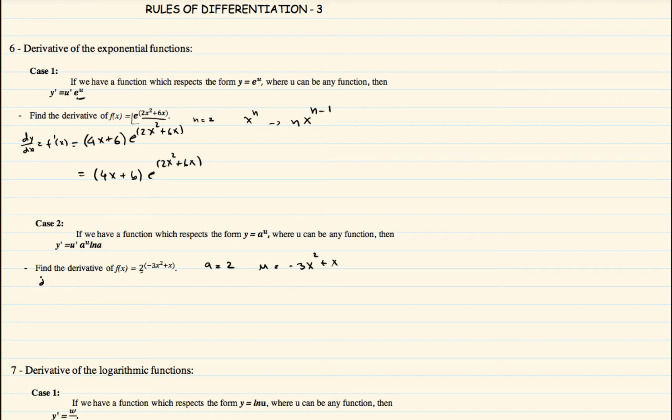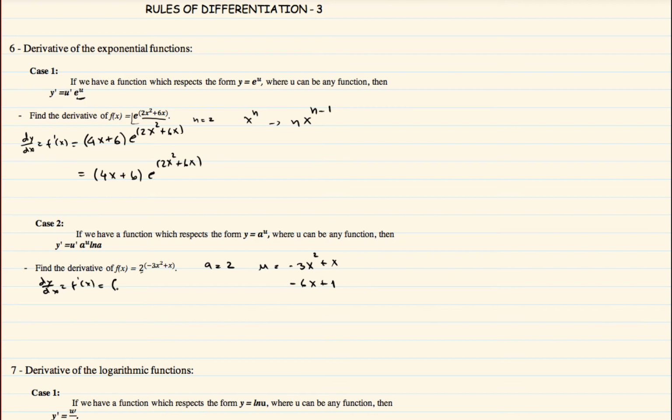So what we do in this case to find the derivative is take the derivative of u, which is the power. So the derivative of u is, this 2 comes down, so we have minus 6x, and then we have 2 minus 1, so it's x to the 1, plus the derivative of x, which is 1.